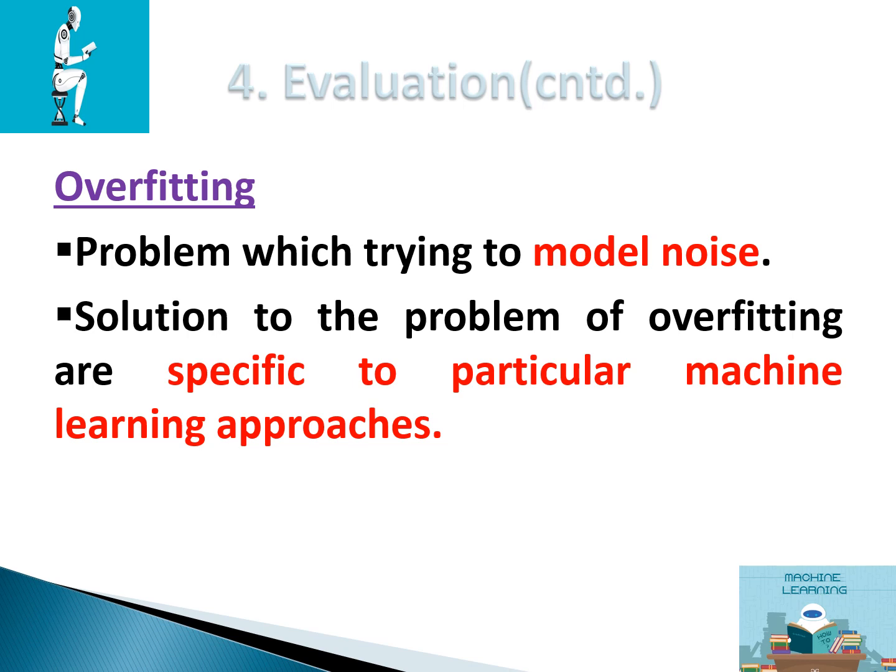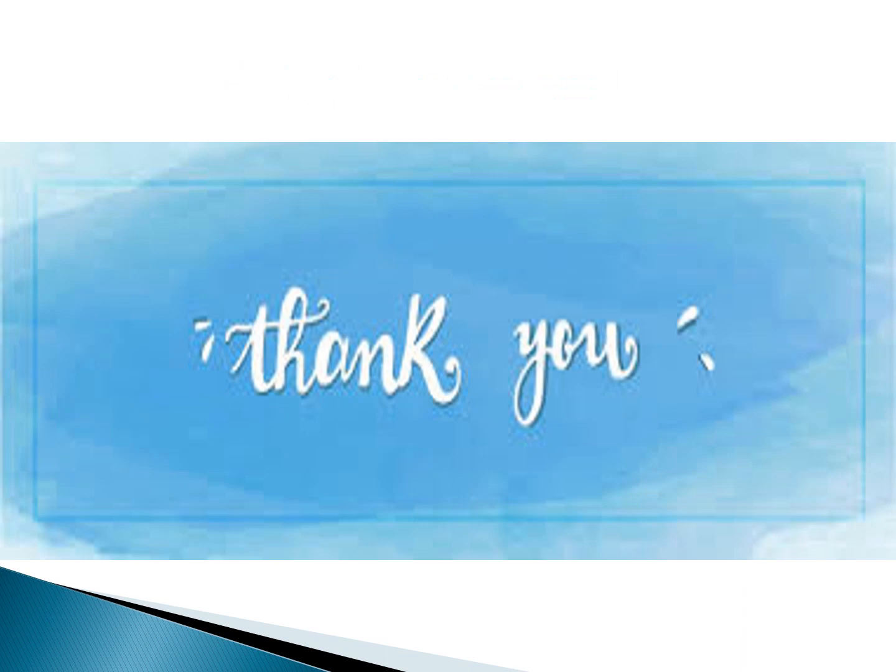So these are the 4 stages in the learning process. How do machines learn? In machine learning, we have 4 stages: data storage, abstraction, generalization, and finally evaluation. Hope you understood the 4 stages. In the data storage stage, observed data are stored in memory.